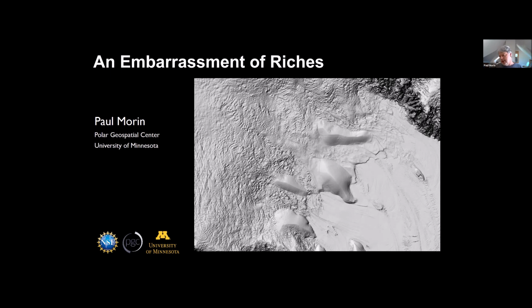About 6 years ago, the US was chair of the Arctic Council under the Obama administration. As part of the effort, the National Geospatial-Intelligence Agency and the Polar Geospatial Center proposed that we produce a high-resolution digital surface model of the Arctic and make it available.